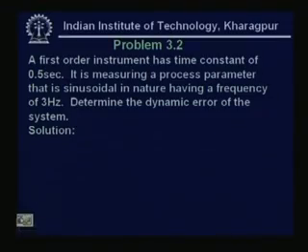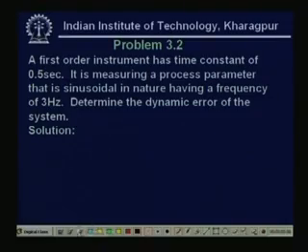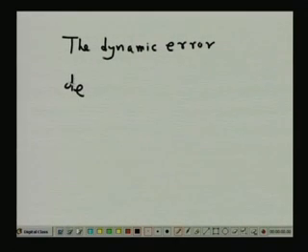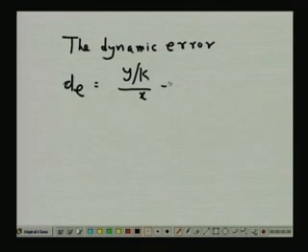Here it looks like this. You see here that in the case of first order systems, I can write the dynamic error dE equal to y by k by x minus 1.